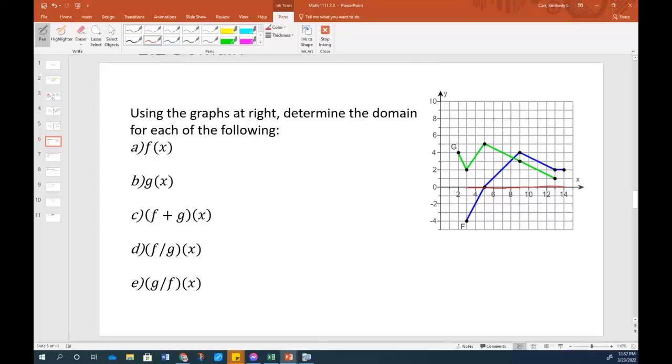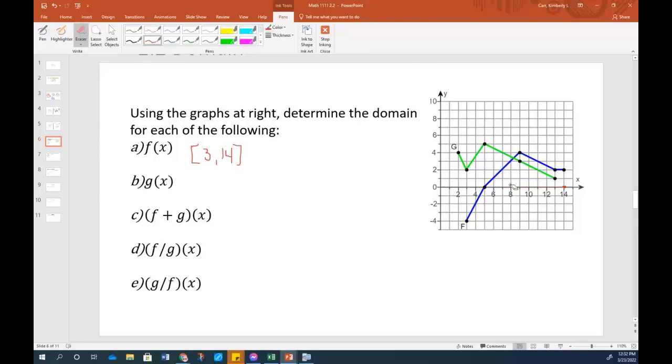That blue one covers everything from 3 to 14, and it does include the 3 and the 14. So when I write the domain for that one, it's going to be closed from 3 to 14.